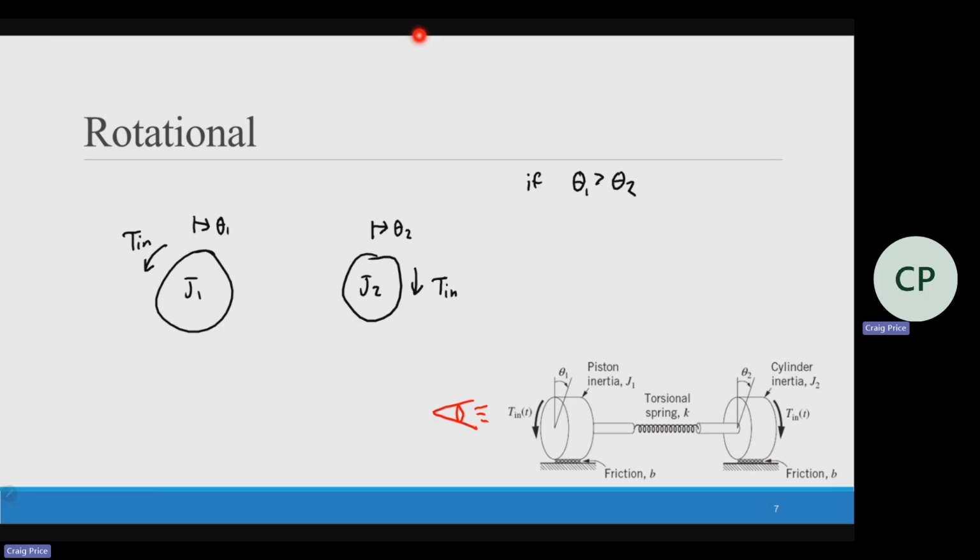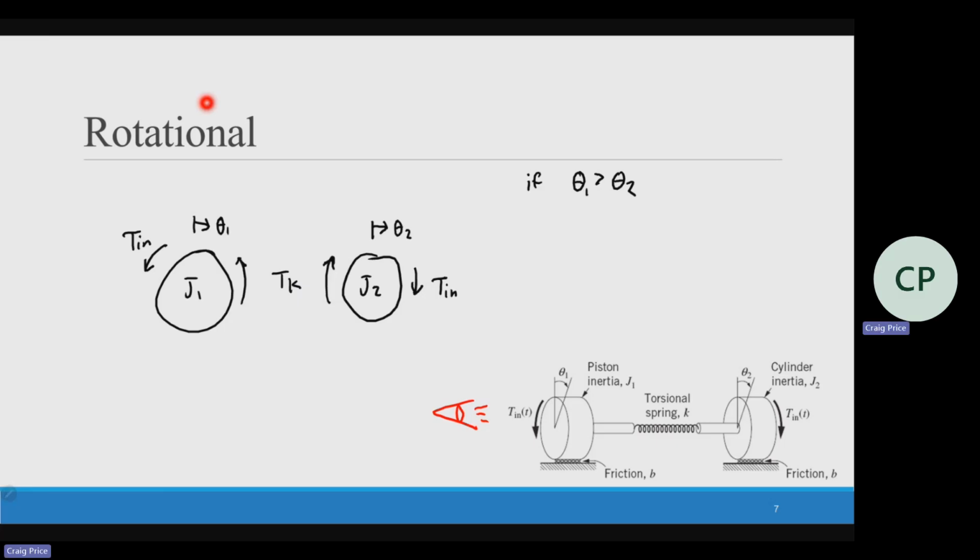If I'm saying theta 1 is greater than theta 2, which way is TK going to act on J1? Counterclockwise, yes. And so what does that mean for J2? Which direction should that be? Clockwise, always. Equal and opposite for a spring.